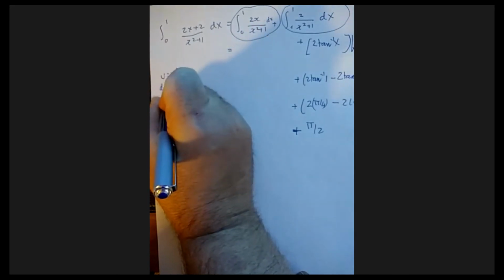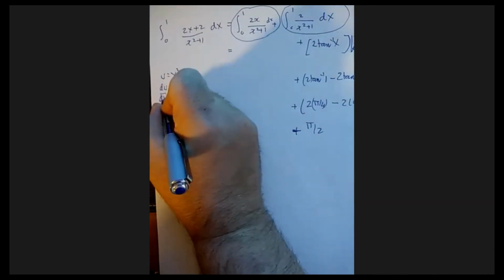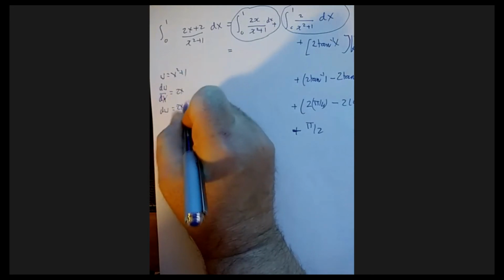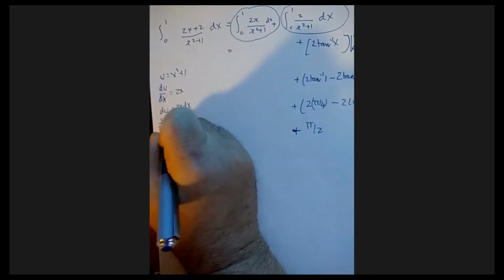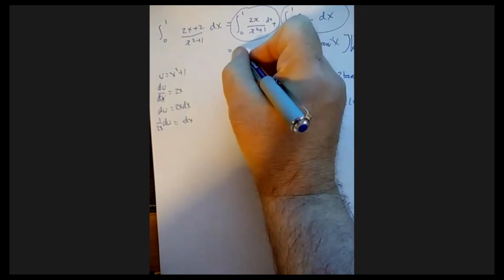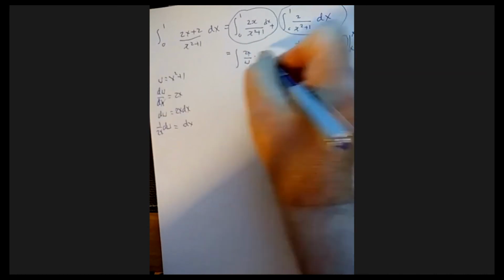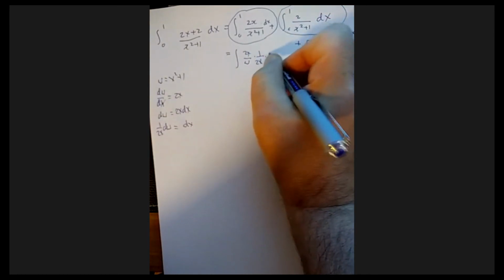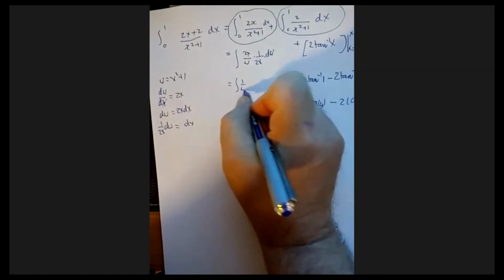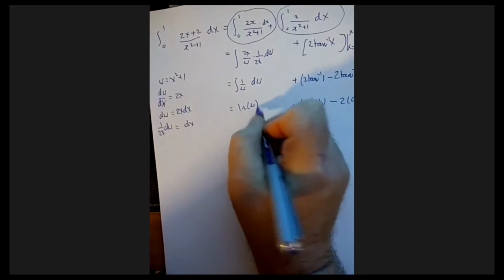Now, some people do it as a UV method, which is fine. I do it this way. So we have an integral, we have a 2x over u, we have a 1 over 2x du. That becomes the integral of 1 over u du, which becomes the natural log that you were talking about.